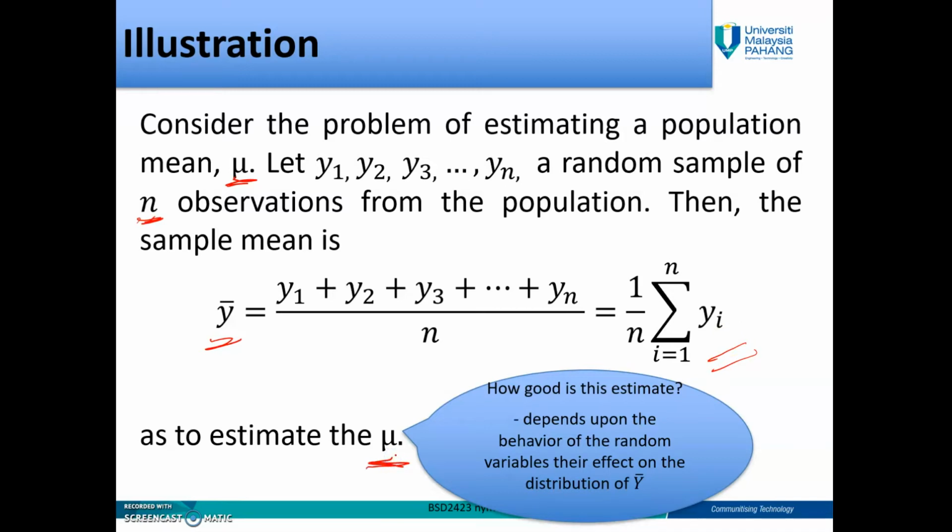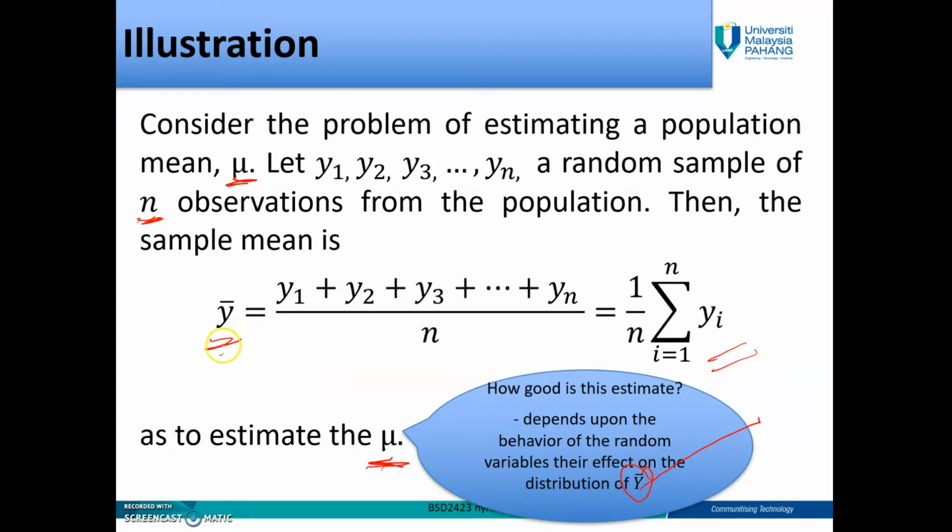So how good is this estimate? It depends on the behavior of the random variables and their effect on the distribution of Y bar, because Y bar is a sample mean, isn't it? So we will find this sampling distribution function. That's why you want to estimate the population mean using Y bar.